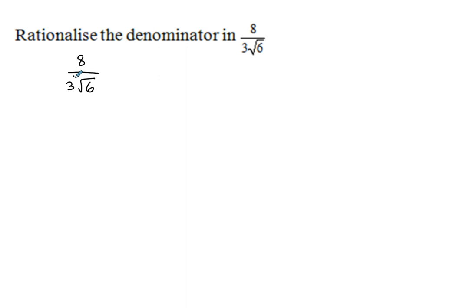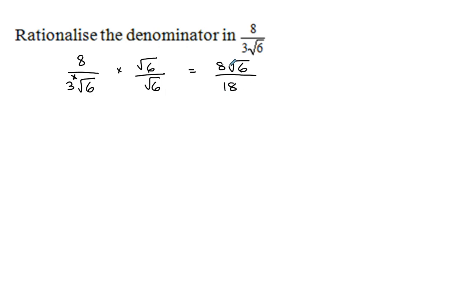As long as it's times, then you still multiply by just the surd, because when you multiply the surd by the surd, that'll turn into a whole number, or rational number. So here we've got 8 surd 6. And then be really careful, do the surds first. So surd 6 times surd 6 is 6, times 3 is 18.